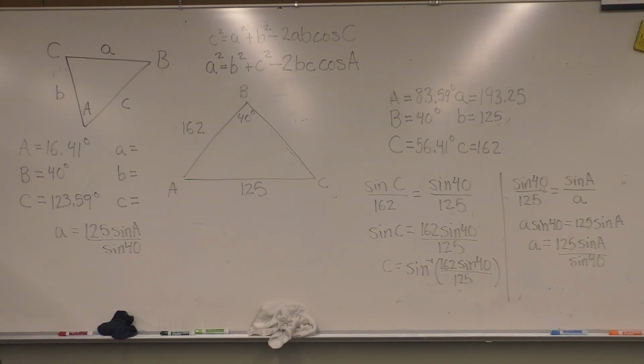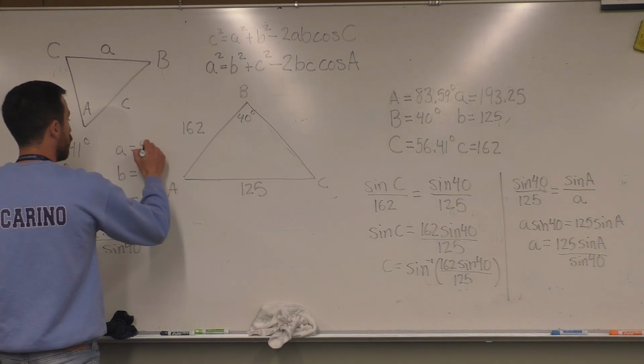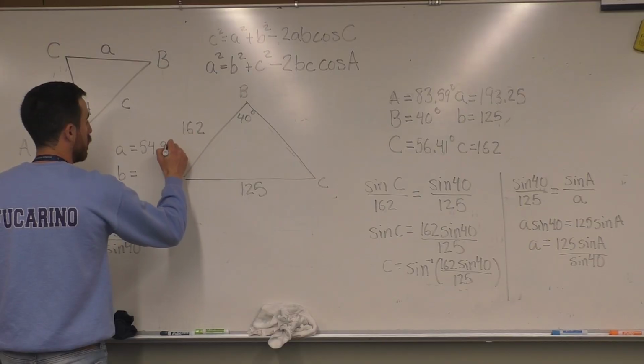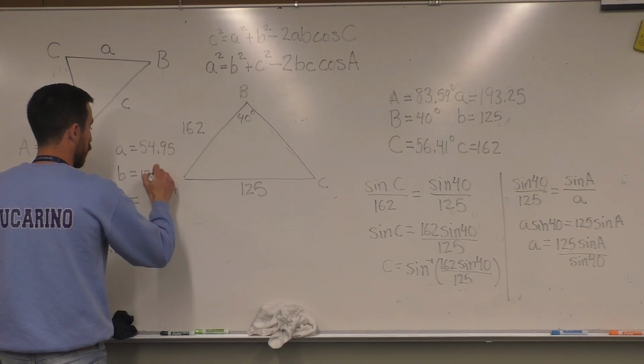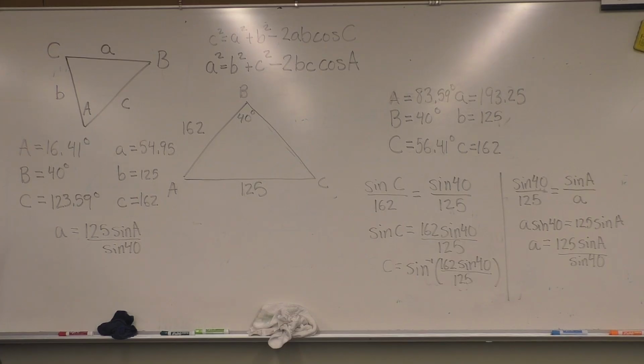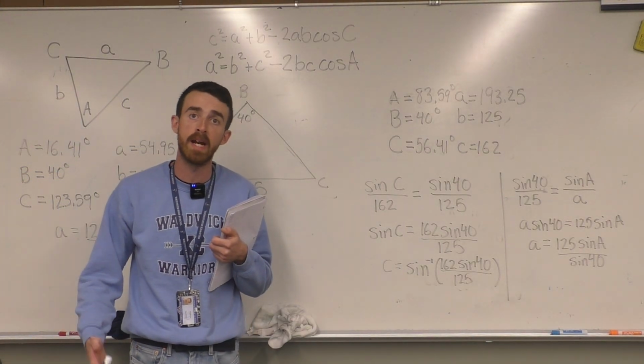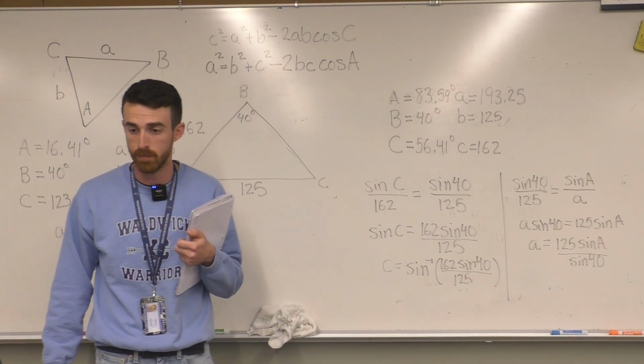And I'll use that number when I plug into my calculator here for A. And when I do that, I get a different value for the length, 54.95. And then B and C are still the same, they were given. Yes, you may use the law of sines entirely in this law of cosines homework. Part of using the law of cosines properly is understanding when it applies and when it does not apply.